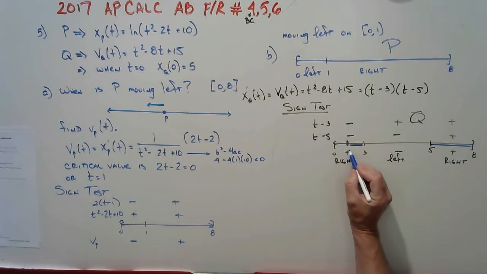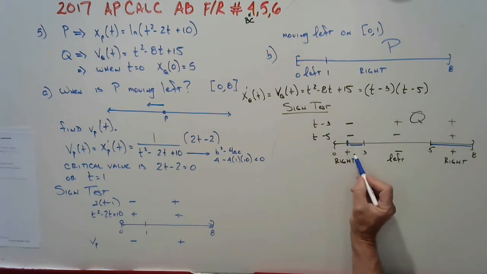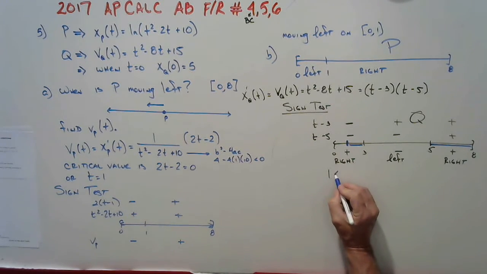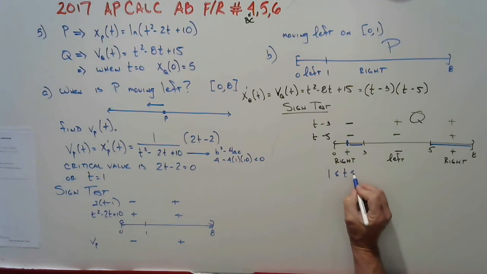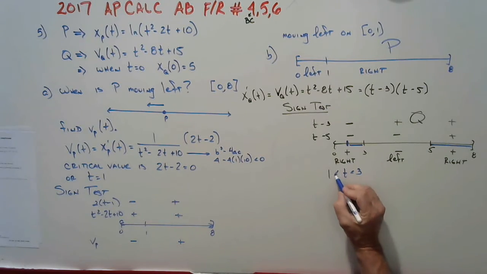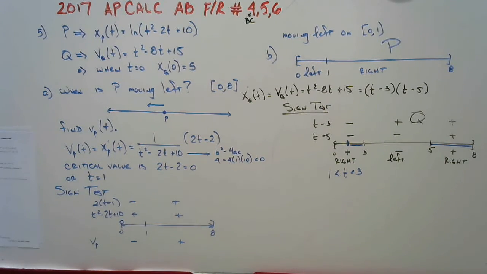This is 1. Particle P starts moving to the right at 1. Particle Q started moving to the right at 0. So right here we get 1 to 3. Now, we're not moving in the same direction at 1, are we? We'll go back and talk about that.